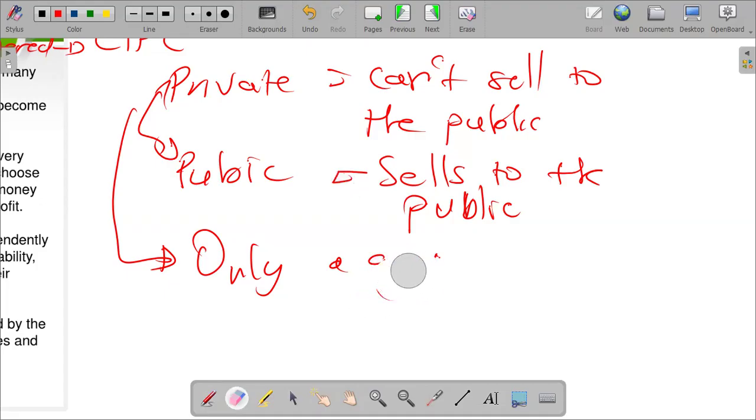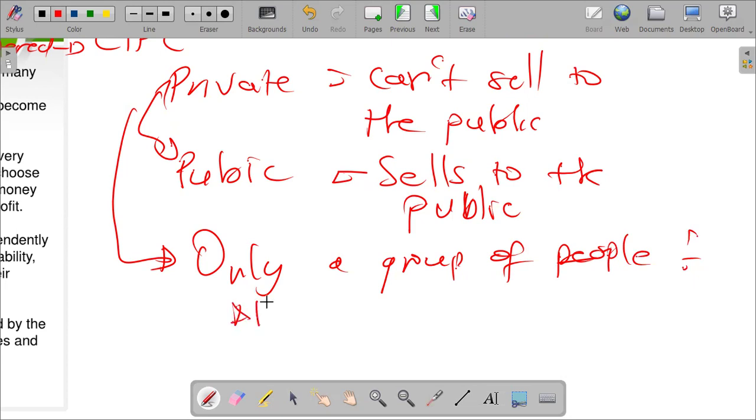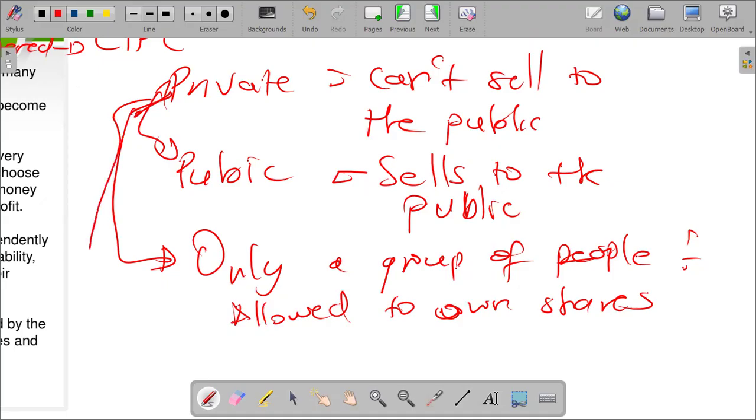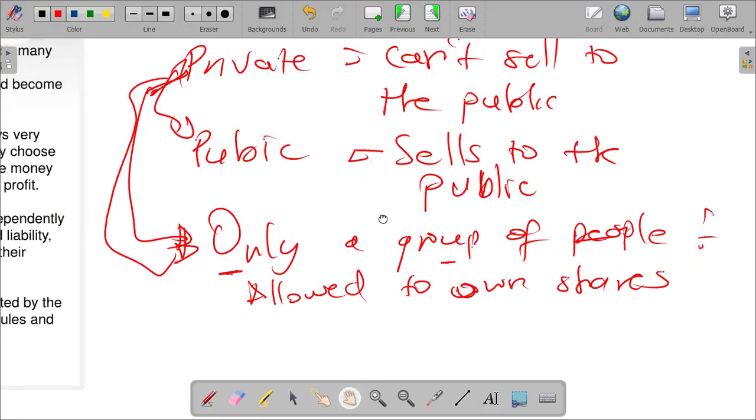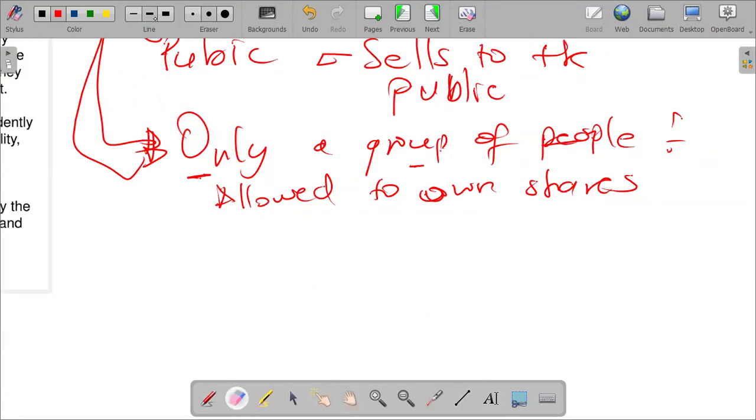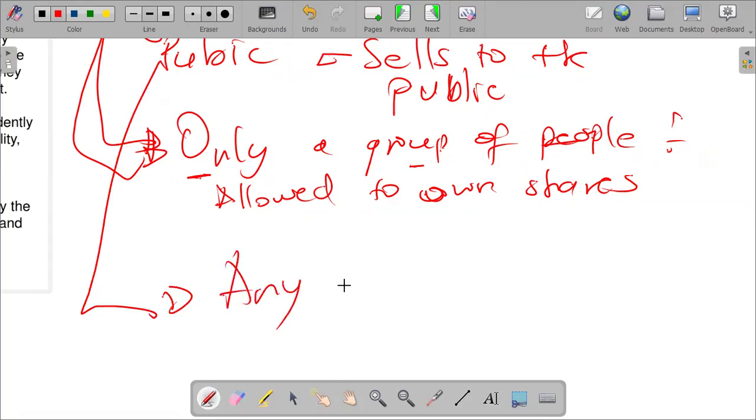Okay, let's do this properly. Only a group of people are allowed to own shares in a private company. But in a public company, anyone can own shares.